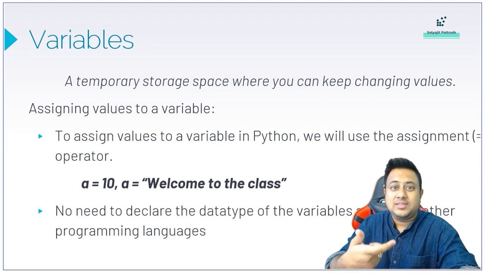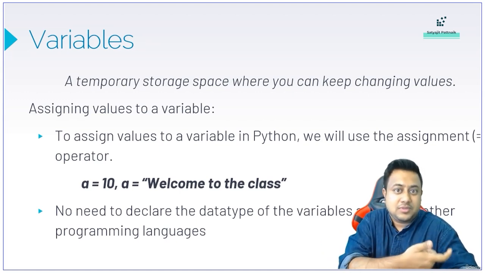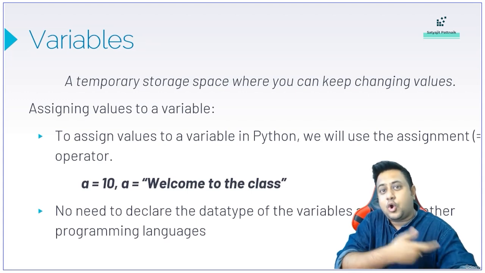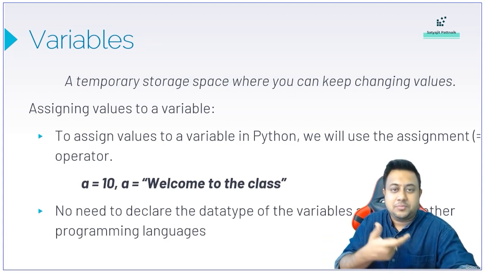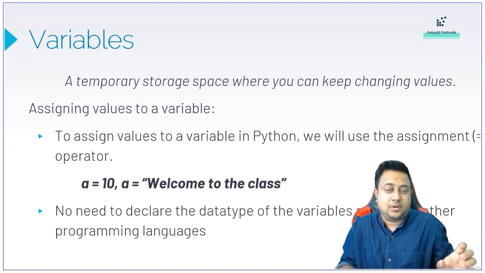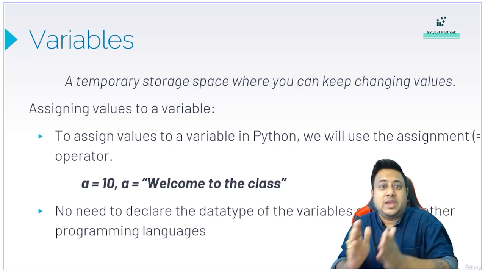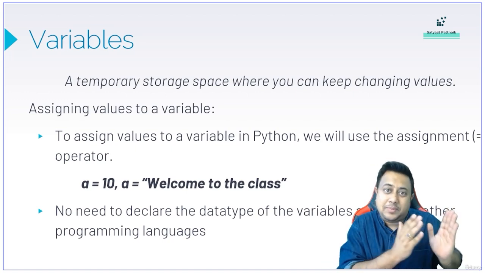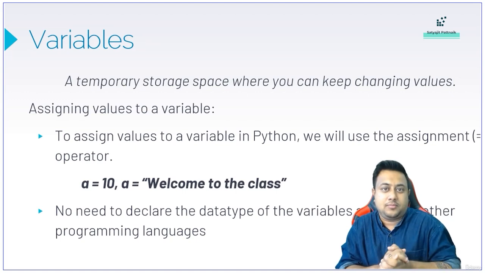You want to assign that value to something, and that something you can call in the future. That something is a variable. That means you are assigning your name XYZ to that variable. Let's say your variable name is A. So A equals XYZ. Now if I print A, it will print your name. So A is a variable.